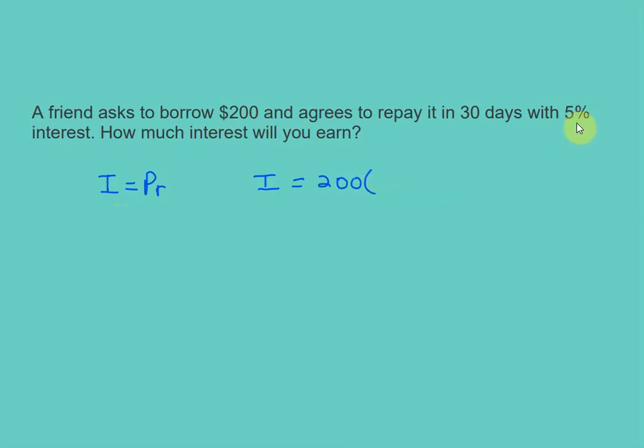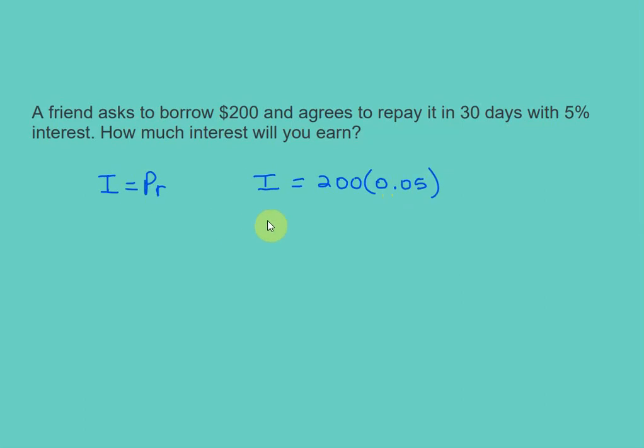Now remember, every time we put this into our interest formula, we need to change that percentage to a decimal, meaning we have to move the decimal 2 places to the left. So that would give us 0.05 or 5 hundredths. And then we would put that in our calculator.